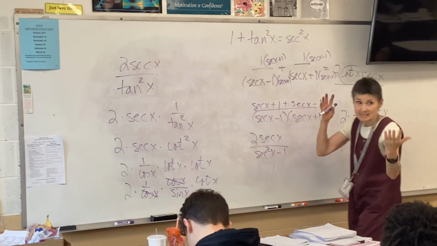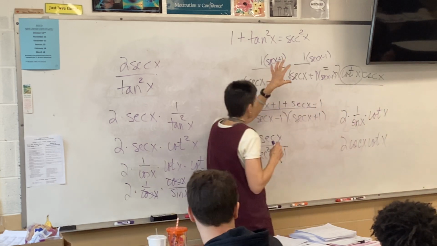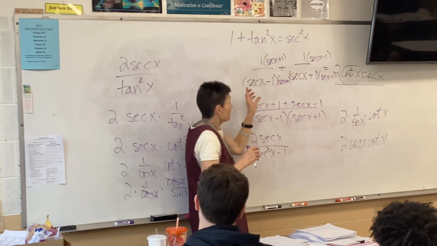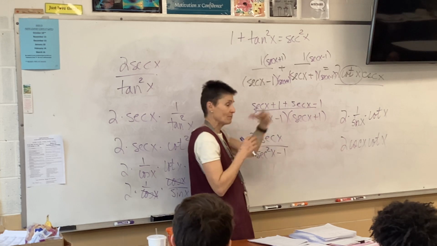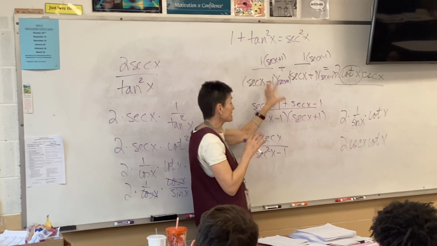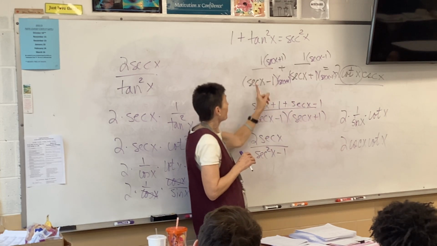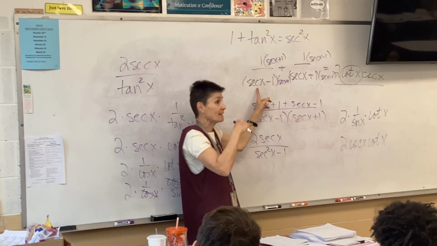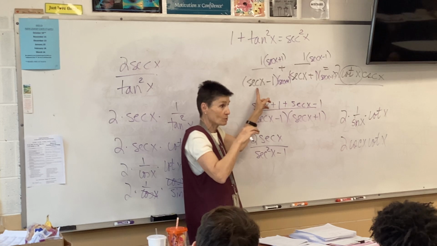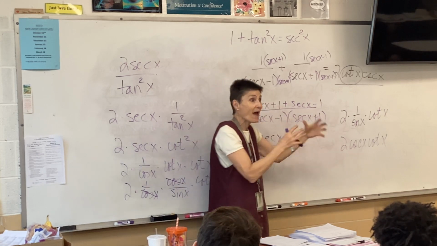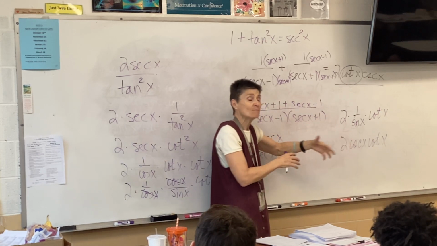An example of a different strategy: in the beginning, it would have been messier. I love this plan, and I think this is the way I would start. But if this wasn't working for me, what do I know about secant? It's 1 over cosine. So if I wanted to try that and see where it led me, that would be another attempt.